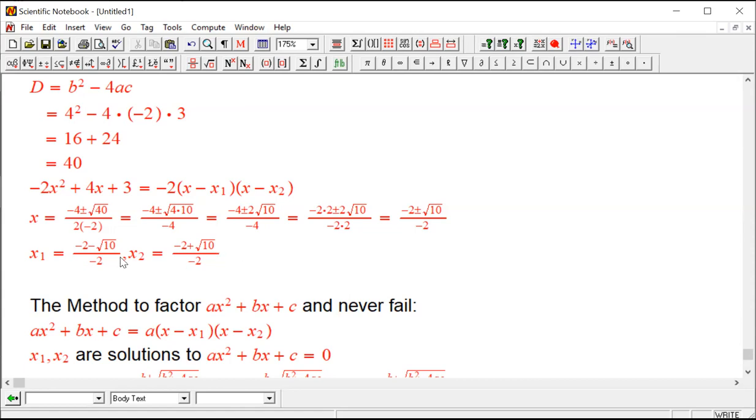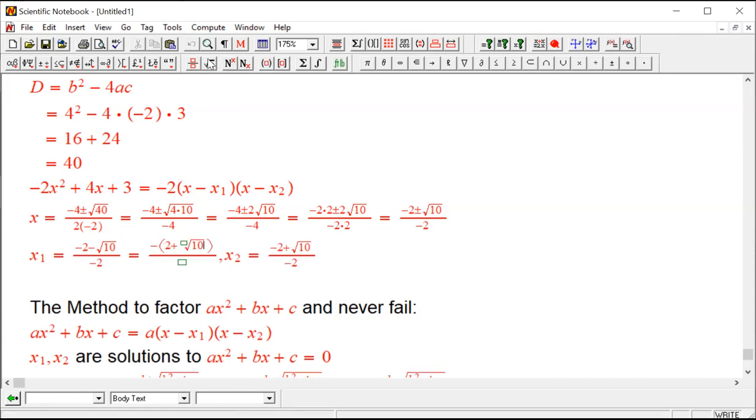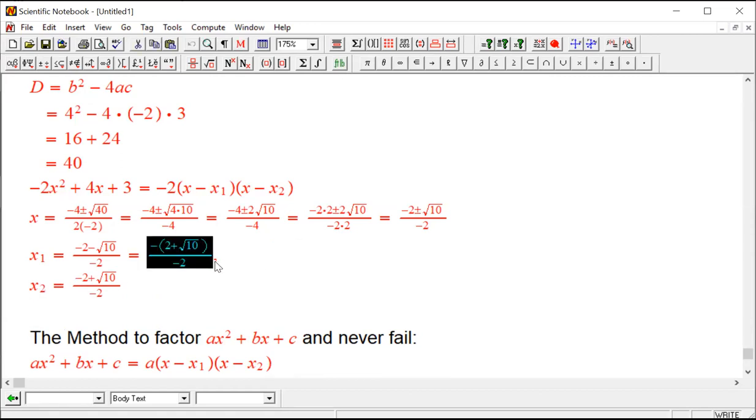If you like to simplify, which I would like to, you see there's a negative sign on the top. So on the top, I have a negative sign outside the parentheses, which is 2 plus square root of 10. In the bottom, I have a -2. So these 2 negative signs can be reduced. That will make it a little simpler.